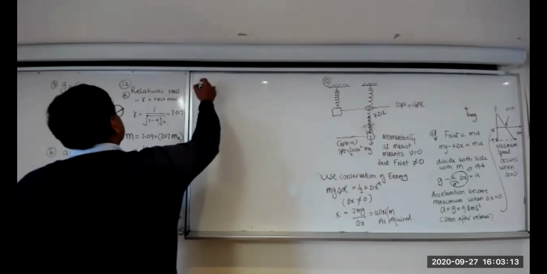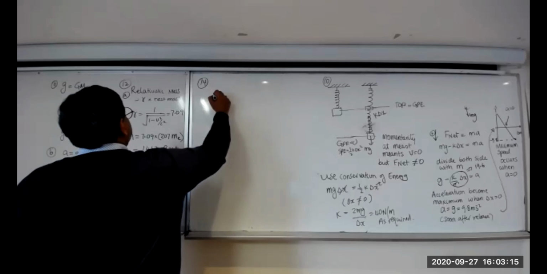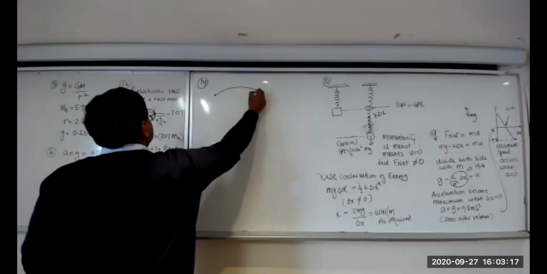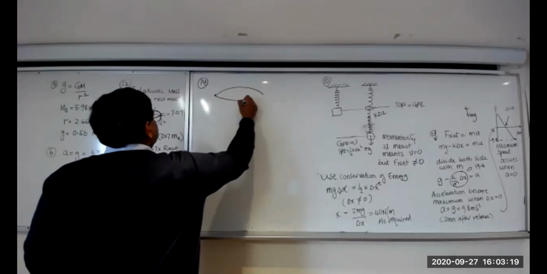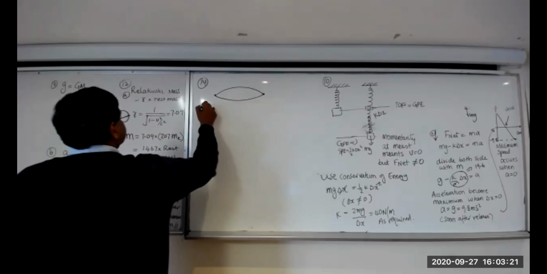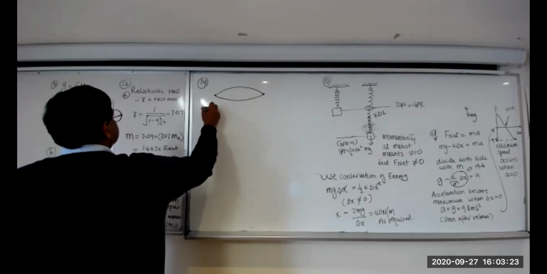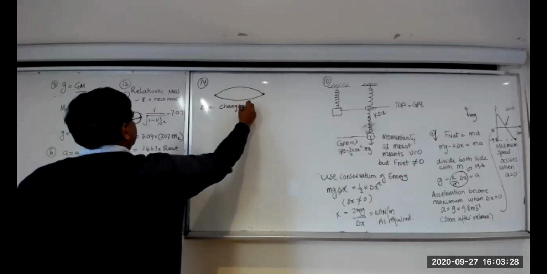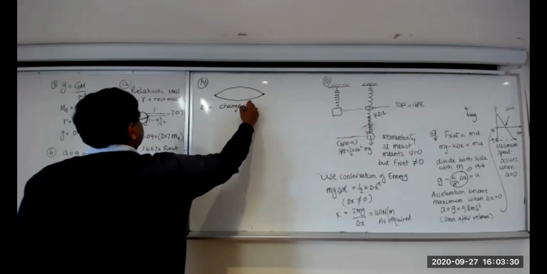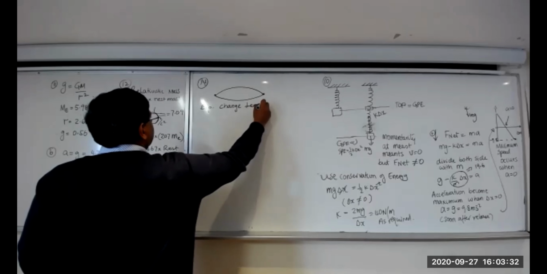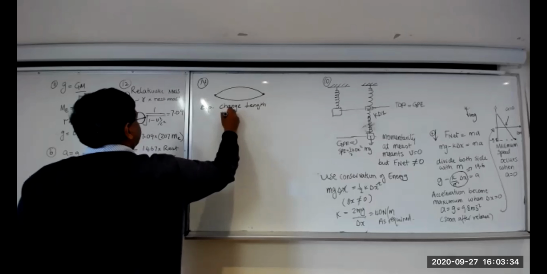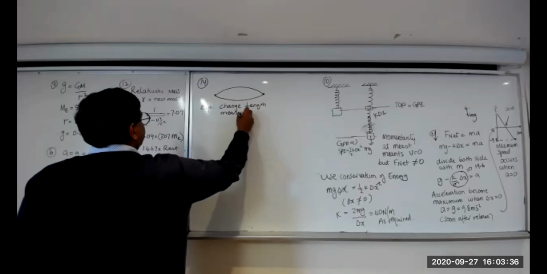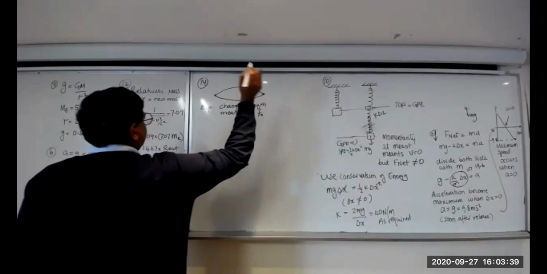Question 13 is the graphing. The students are measuring the fundamental frequency by changing the length of the string. The experiment is changing length and measuring f naught, the fundamental frequency.